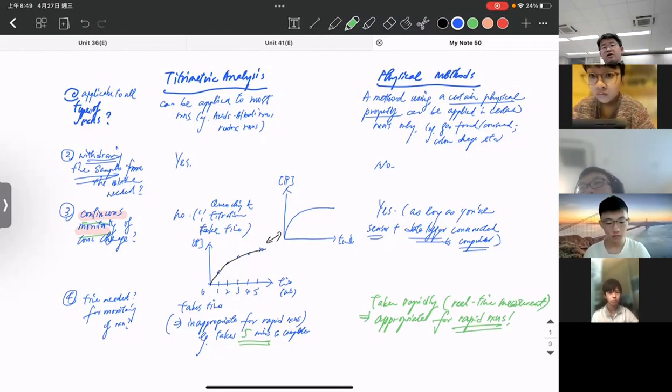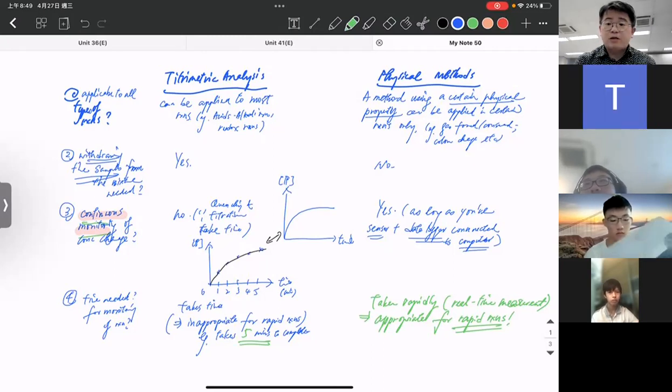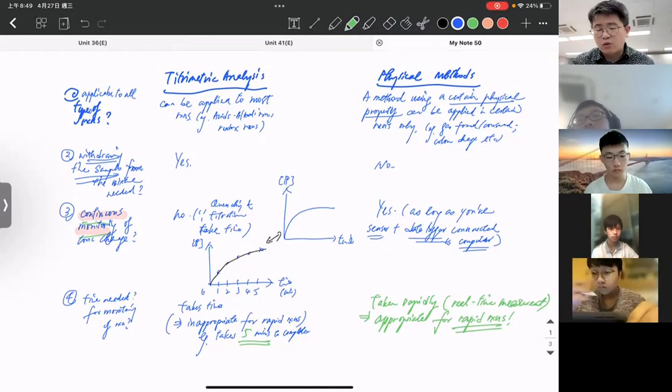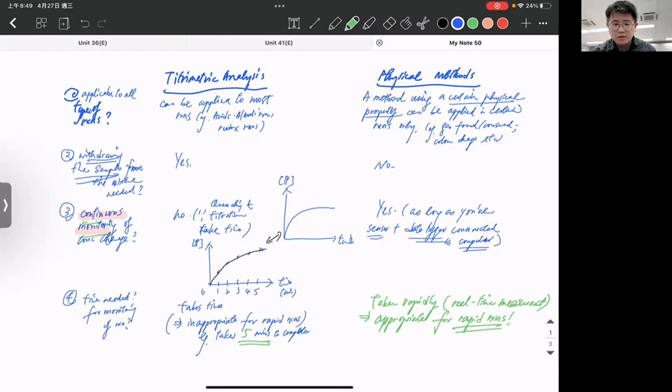But once I put it into titrimetric analysis, you may find that may be too fast, right? That reaction between the piece of metal and the acid may be too fast, because even before quenching, I already spent 1 minute to extract that solution. So this is what you know about the comparison.